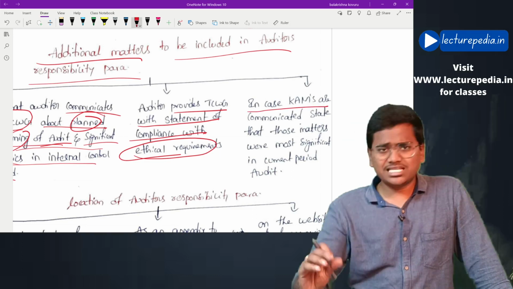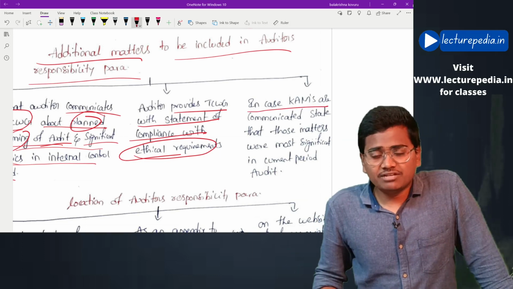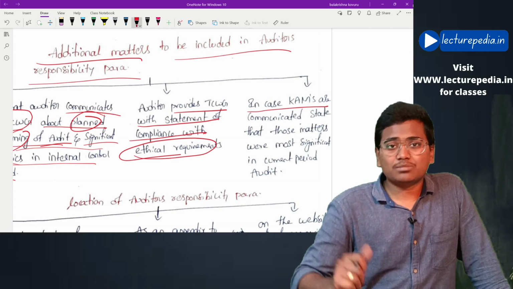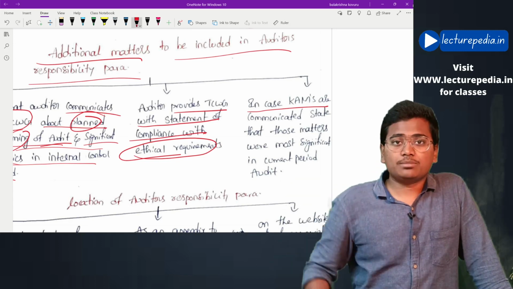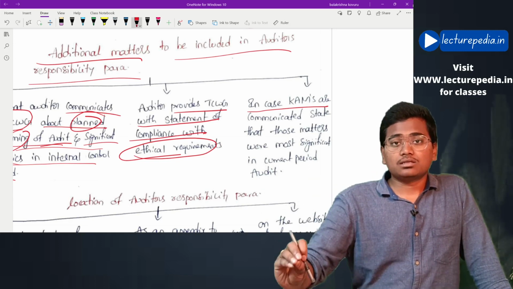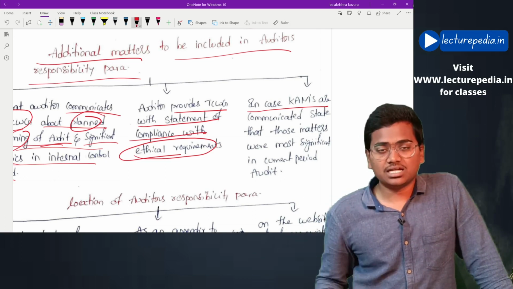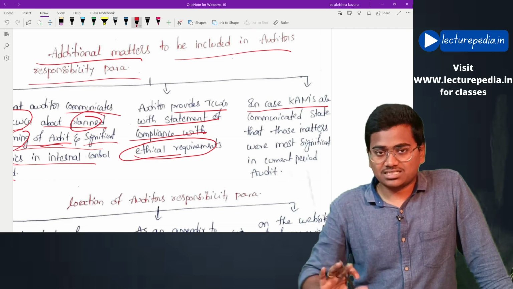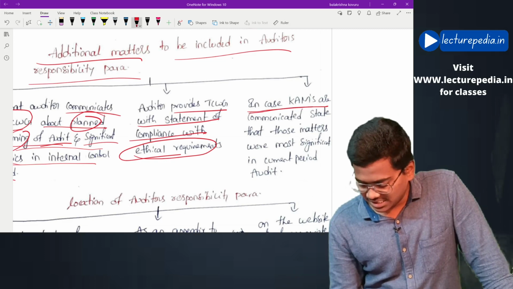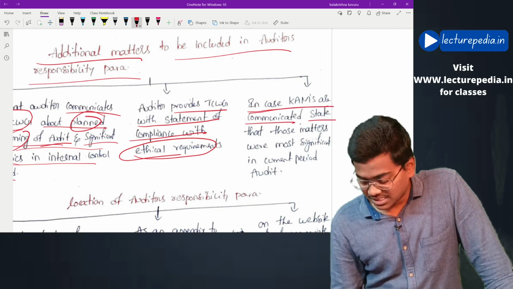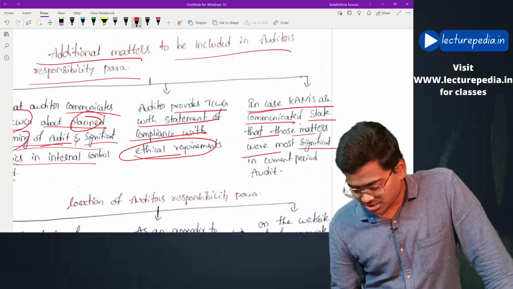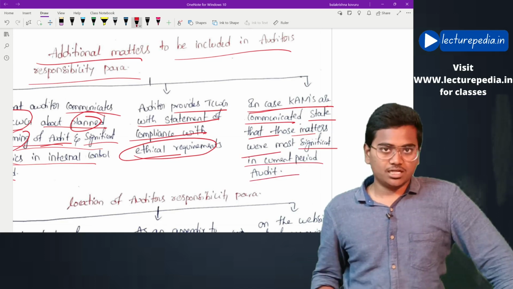And in case key audit matters are given in the audit report, then auditor must state that those key audit matters were the matters that, in my view, are most significant in the audit of the current period. Okay, such a statement has to be given. Hope this is clear.